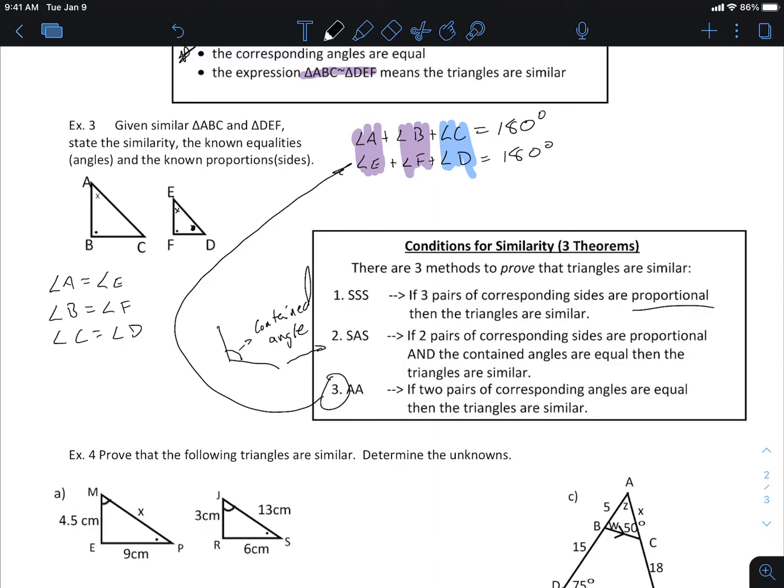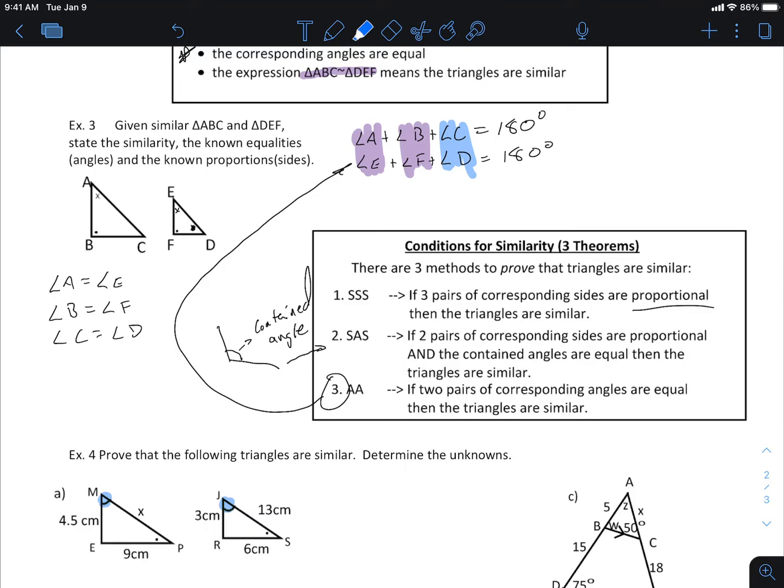So we want to prove that the following triangles are similar. It looks like we've got 2 matching angles, one angle there and one angle there that match.